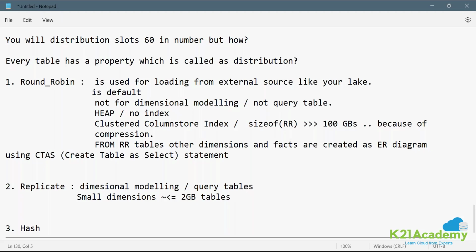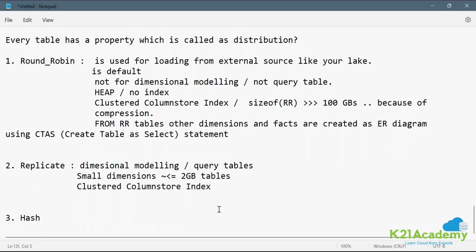Now it is a query table, so obviously what would you do? You will place a CCI on it. Mandatory, right? You will always be placing a CCI on it. If there are data types that don't support CCI, like bits and binaries and all those, then you may place a clustered index, not a clustered column store, clustered only. And it can also be partitioned.